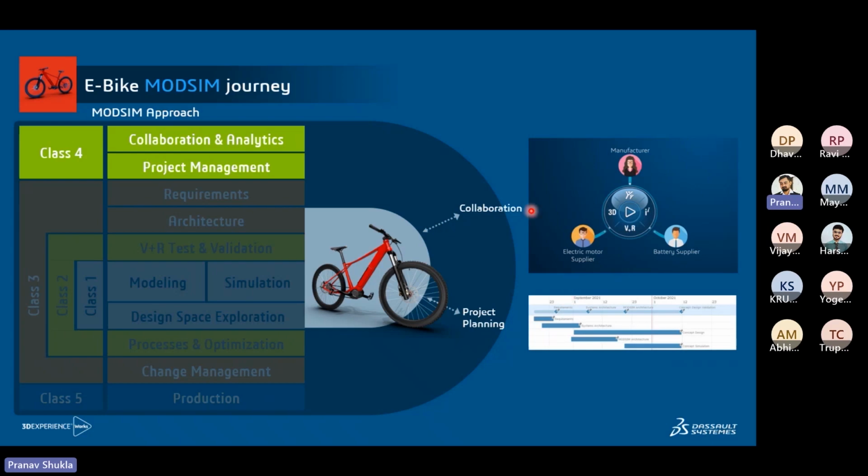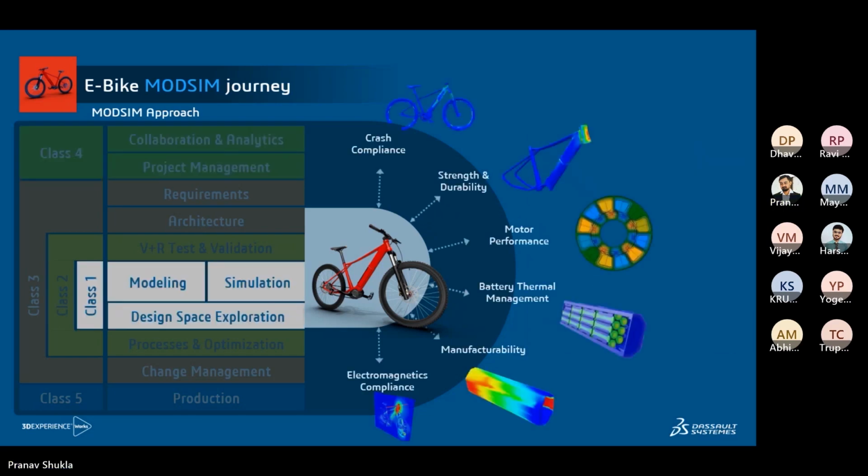For the e-bike, the original equipment manufacturers, OEMs, engage with the suppliers of the electric motor and the battery for the discussion of the new requirements. The entire collaboration and project management for the new design cycle takes place within the 3D Experience platform, ensuring seamless communication and effective coordination between all the stakeholders.